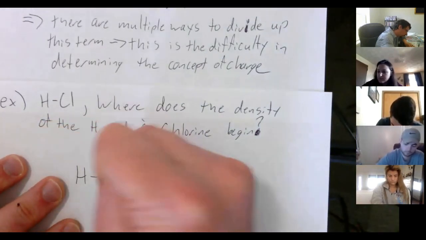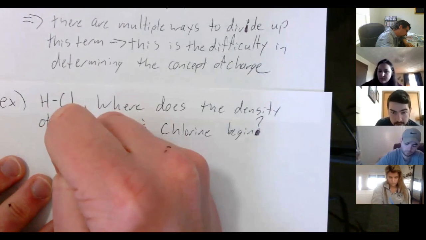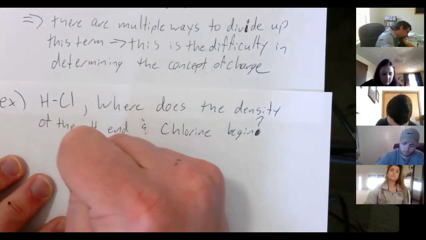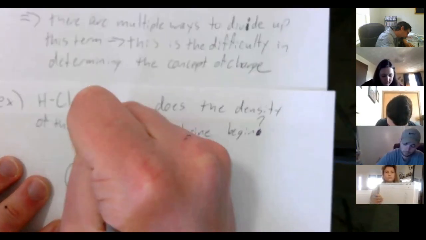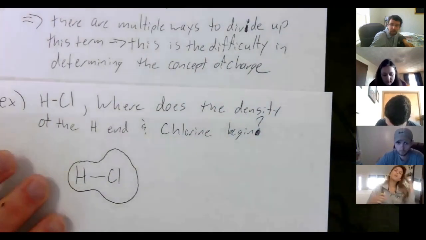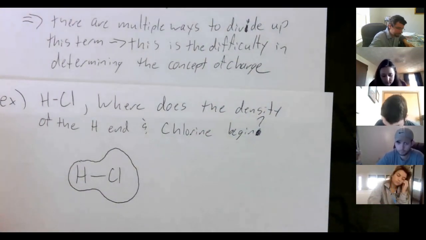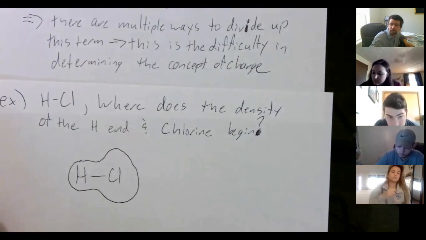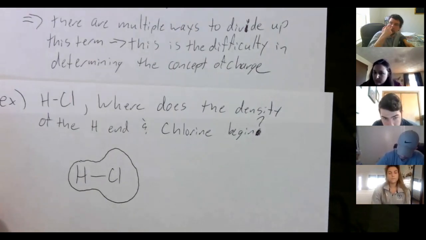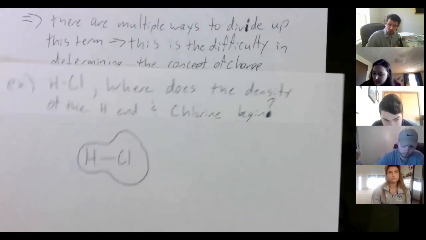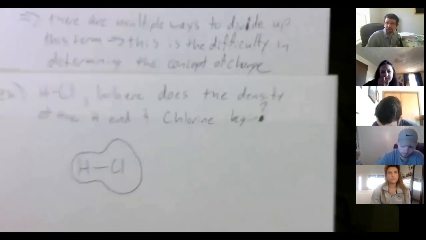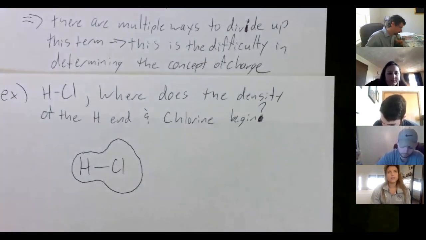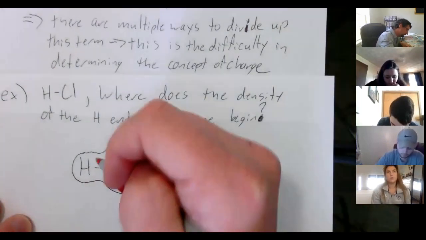So that's what HCl looks like. If we draw its electron density around, look at that, right? So where would you say the density of the hydrogen ends and where the chlorine begins? More towards the hydrogen because the chlorine is contributing more.